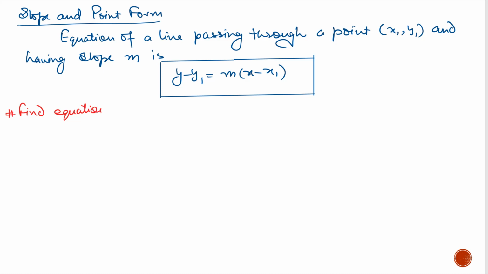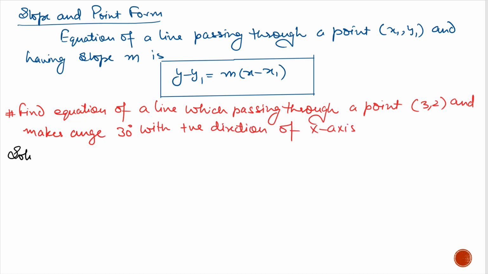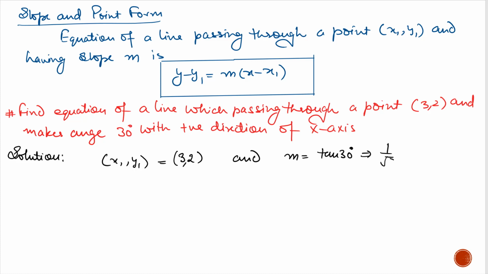Find the equation of a line which passes through the point (3, 2) and makes an angle of 30 degrees with the positive direction of the x-axis. Here (x1, y1) is (3, 2) and slope m equals tan 30, which is 1 by root 3.